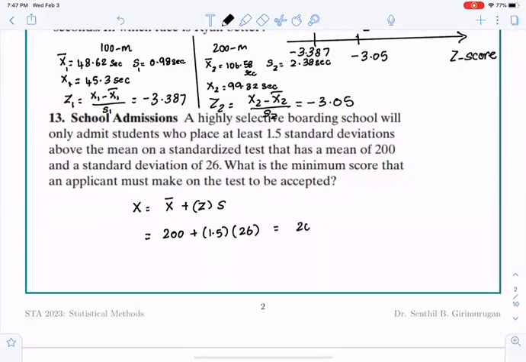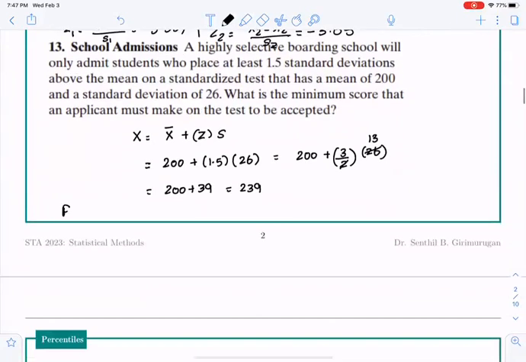So that is 200 plus 3 over 2 times 26. If we simplify, we get 200 plus 39, which would be 239.